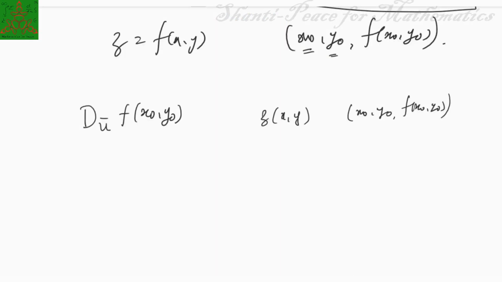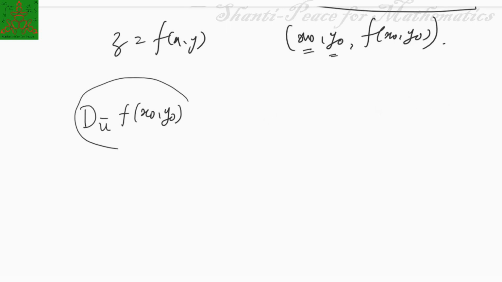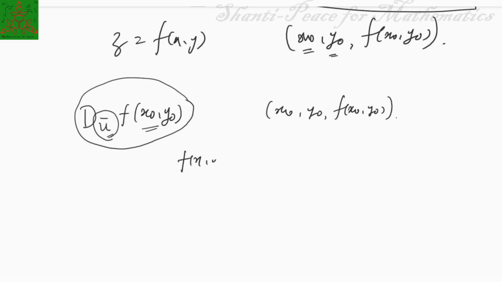As we have discussed, geometrically the directional derivative of f in the direction of u bar at the point (x0, y0) represents the slope of the surface in the direction of u bar at the point (x0, y0, f(x0, y0)). Analytically, it is the instantaneous rate of change of f of x, y with respect to the distance in the direction of u bar at the point (x0, y0).